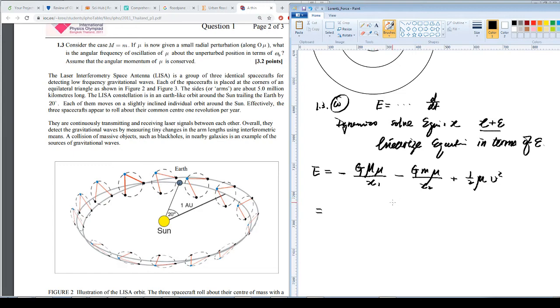Now, the problem tells us the disturbance happens along the radial direction. So the speed of the point mass must have two components, a tangential speed and a radial speed.